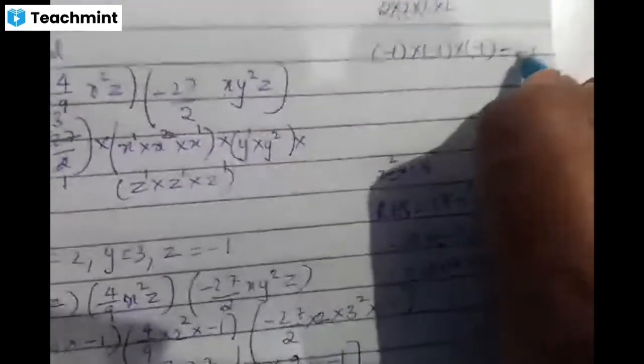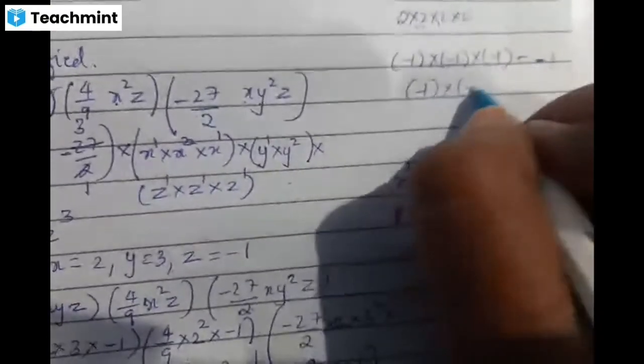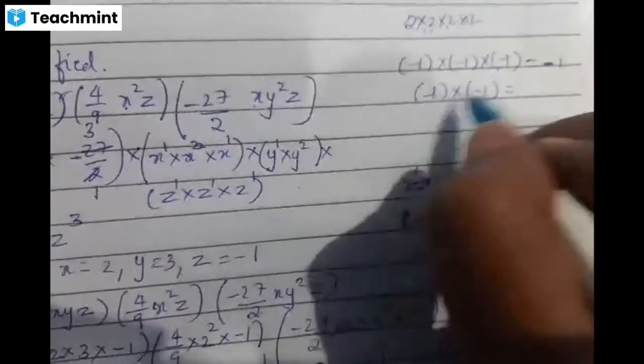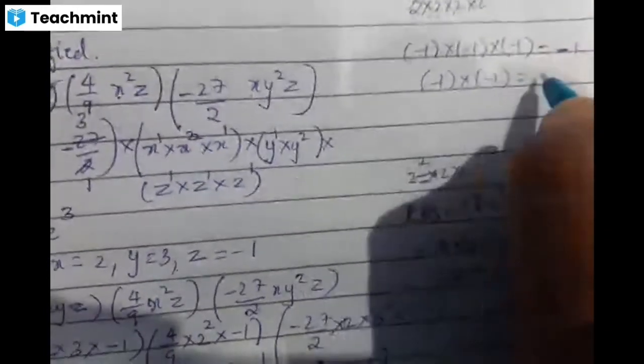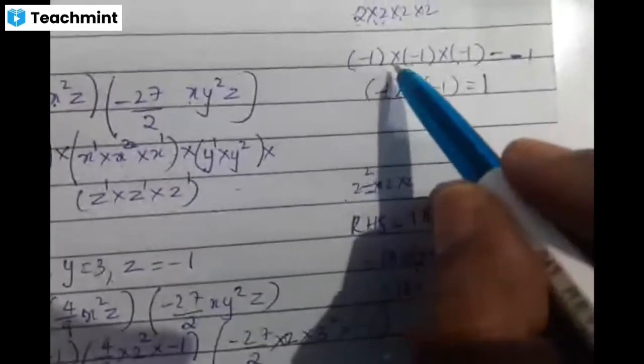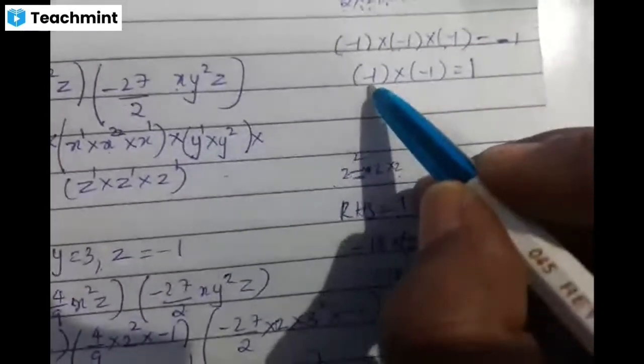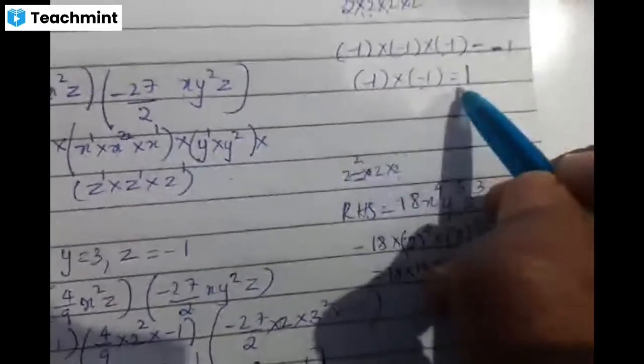Here we have to know this property, children. See, if I take minus 1 2 times, what will be the answer? Minus into minus is plus, 1 ones are 1. Here you should observe, if a minus sign is multiplied 3 times, you get minus. But if you multiply minus sign 2 times, you get plus.